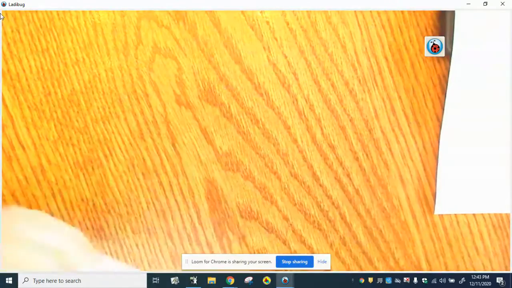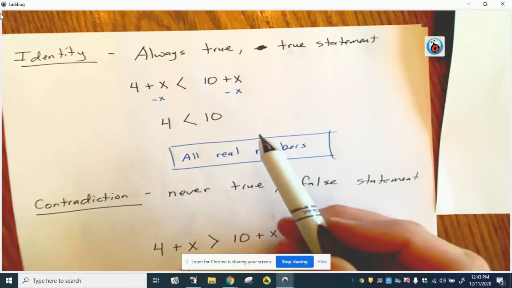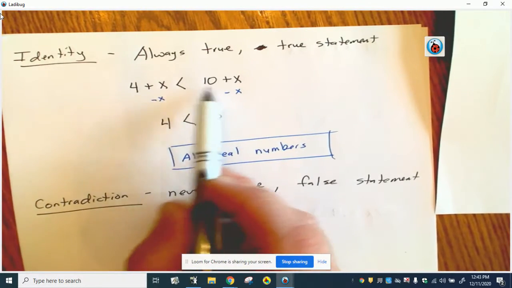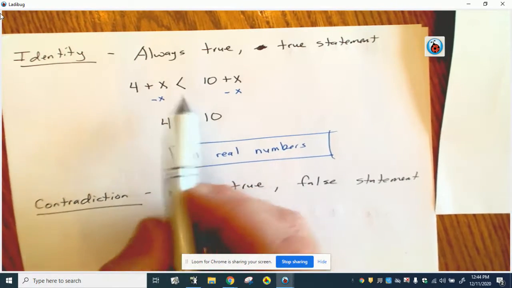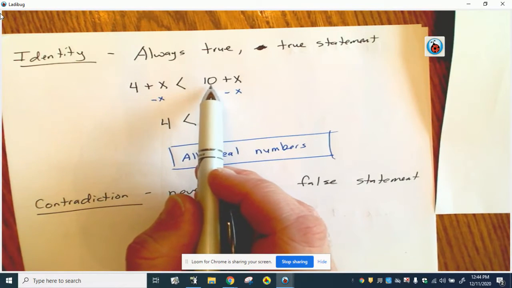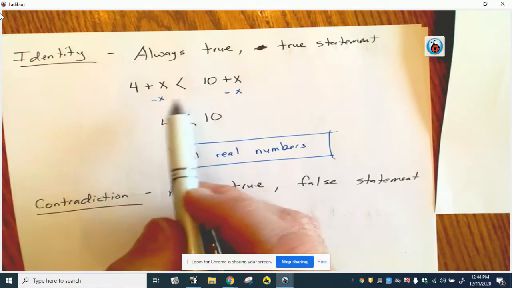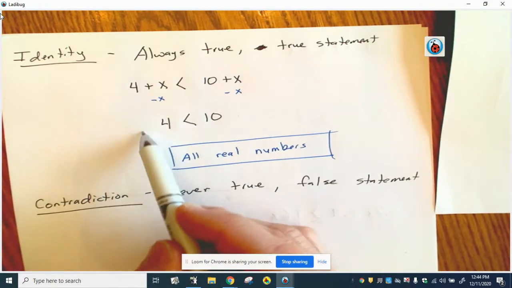Now, just like when we ran into inequalities or equations with x's on both sides, sometimes you're going to run into some interesting ones where all the x's go away. So if you had something like this where it said 4 plus x is less than 10 plus x, and you minus x from both sides, we end up where all the x's go away.